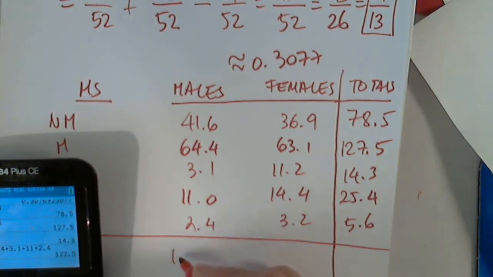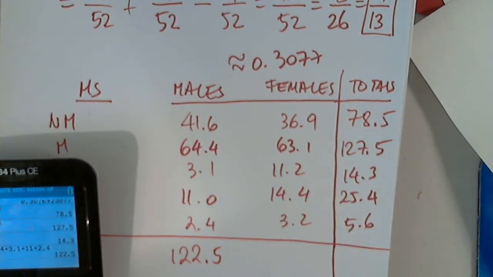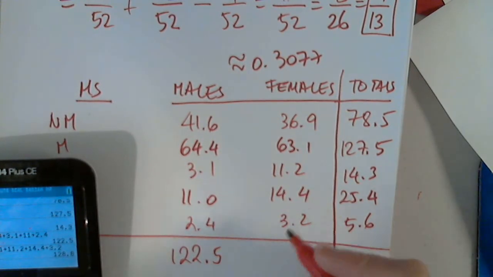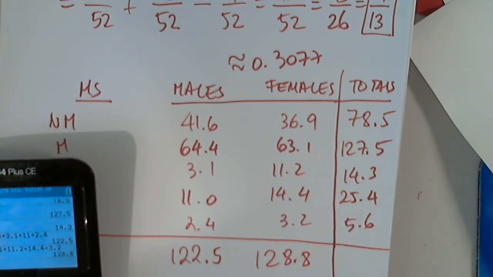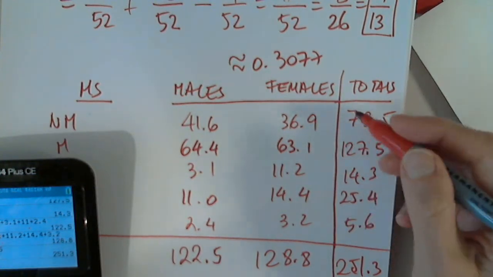Correct my numbers: 122.5. 36.9 plus 63.1 plus 11.2 plus 14.4 plus 3.2, and I got 128.8. I'm going to add these two: 122.5, nope, 122.5, and I got 251.3. I don't trust my work.